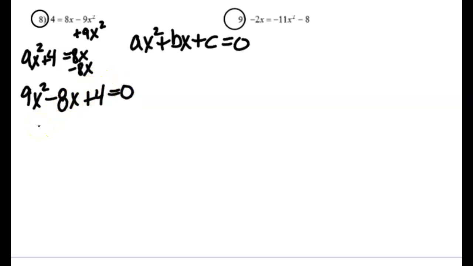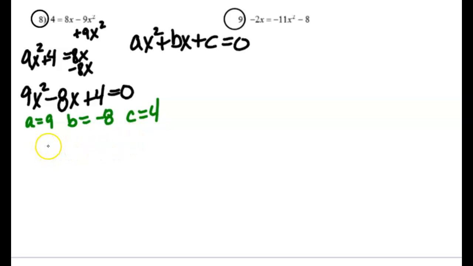If you had the opposite signs, because you moved it the other direction, you got a -9, a positive 8, and a -4, you'd get the same answer in the end, okay, if you did it right. All right. Here we go. A is 9, B is -8, and C is 4.